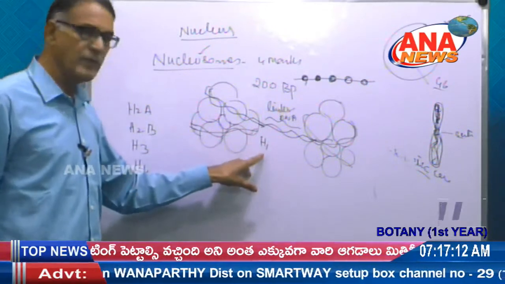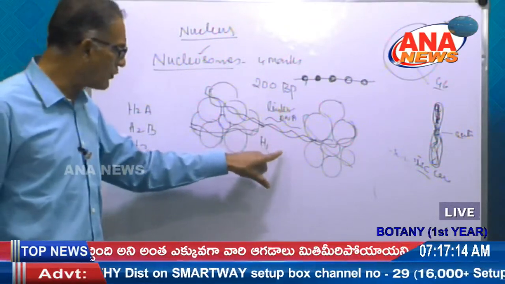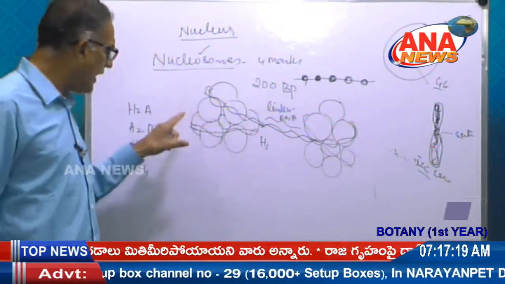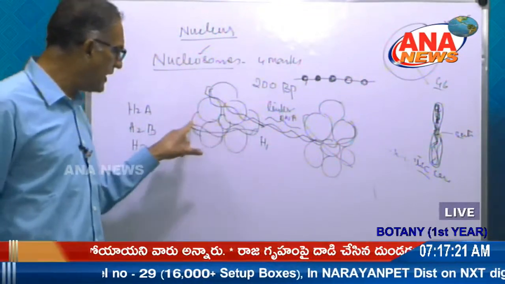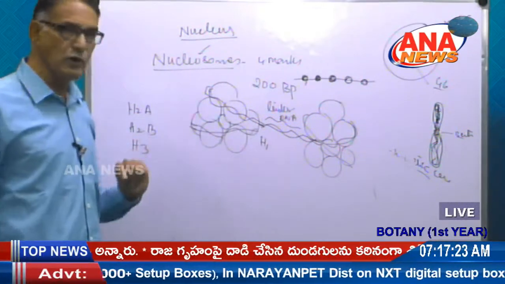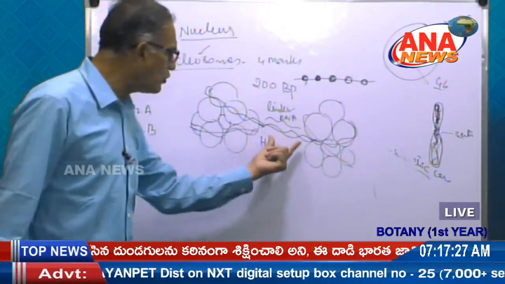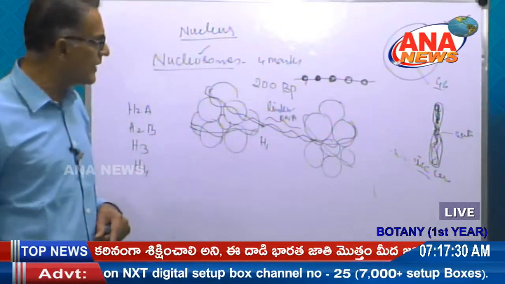Then the H1 histone protein is outside the nucleosome and seals the DNA at the entry and exit. The DNA between 2 nucleosomes is called linker DNA.